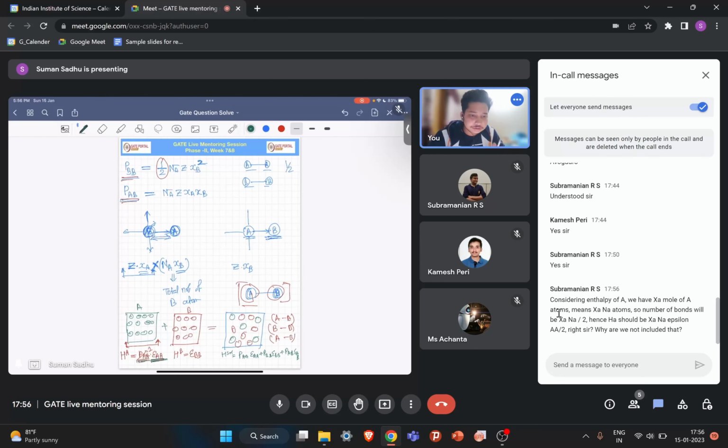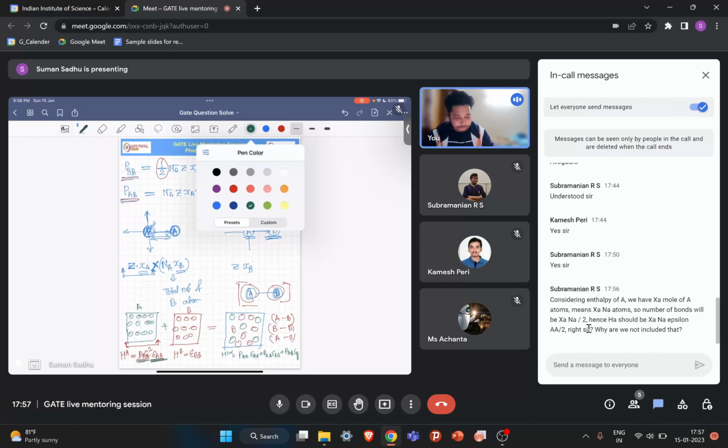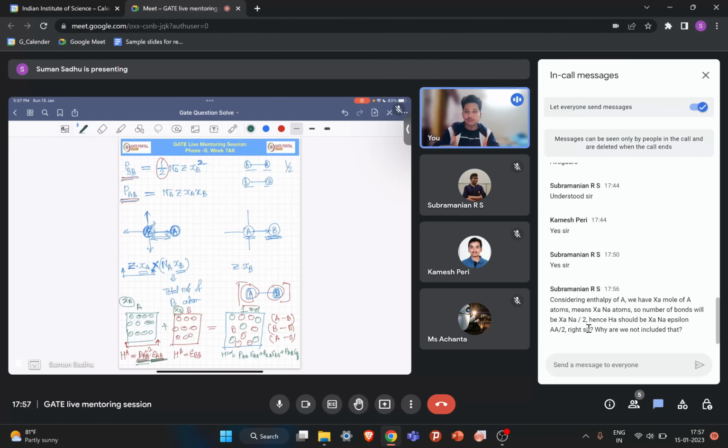Subramanian, what is your question? Considering enthalpy of A, we have XA mole of A. Yes, yes, so there is one mistake. In this case, the total number of moles is 1, right? And we are adding XA mole of A and XB mole of B. So PAA and PBB will not be 1, because we have to consider the total number of atoms.